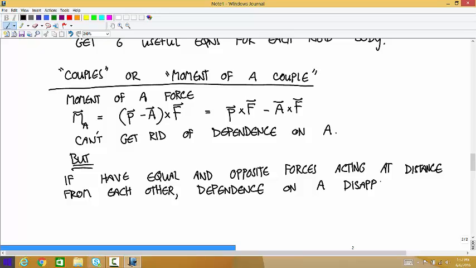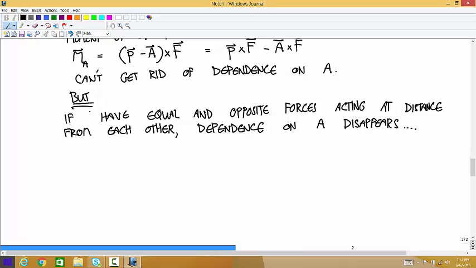Disappears. Dot, dot, dot for suspense. So let me show how it works, because this idea of a couple, these equal and opposite forces acting at a distance, is the definition of a couple.